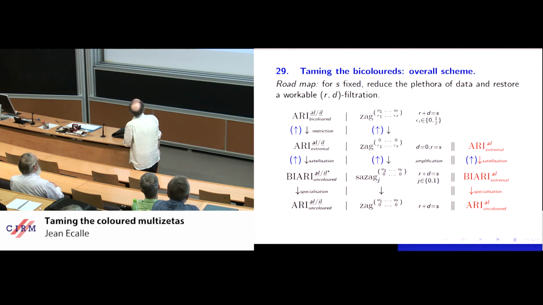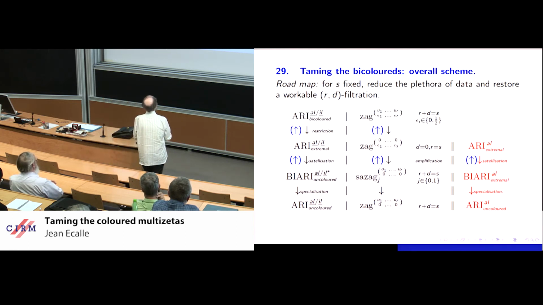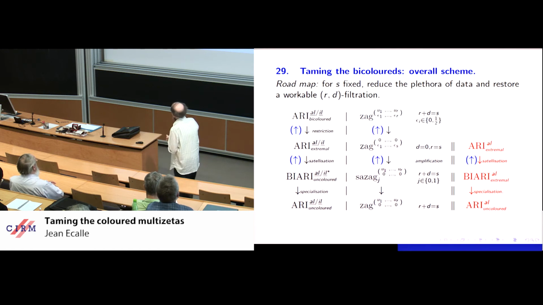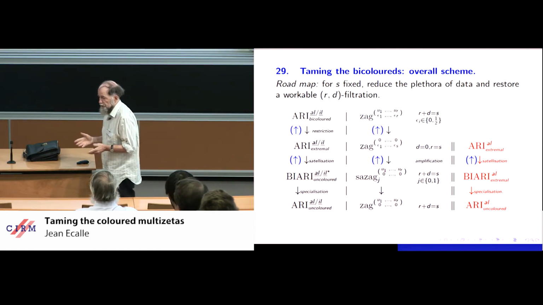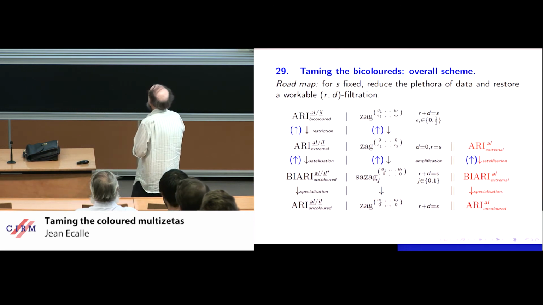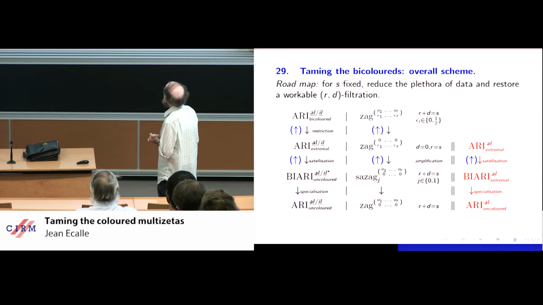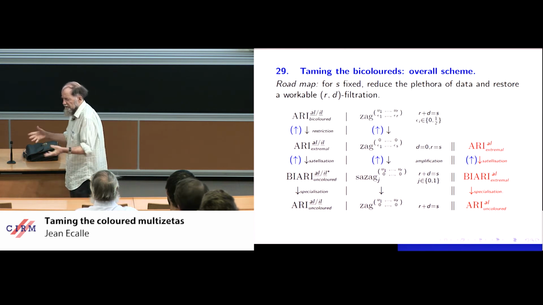You see, take a large weight S and take colors, 2 colors, 1 and 1/2. So for a large S, there's a huge number of data, of course, due to the colors, which multiply everything by 2 to the S. And so the first thing is to reduce this chaos of data.